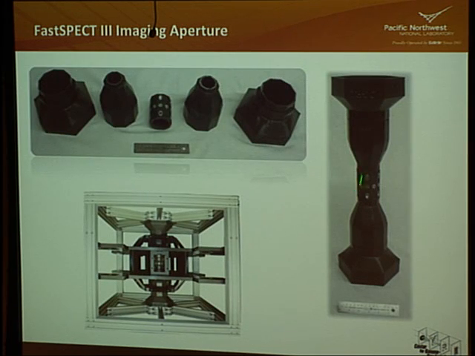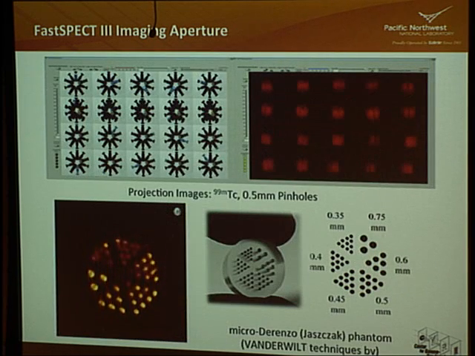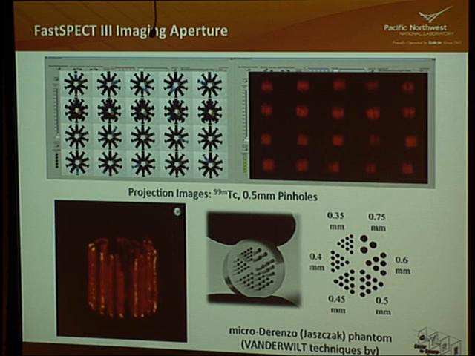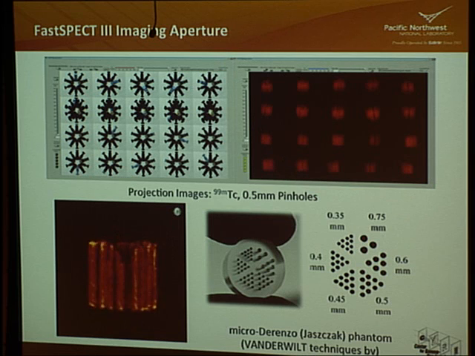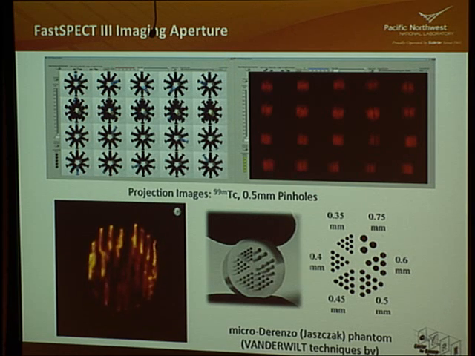This shows the individual components of the imaging aperture for the FastSPECT 3 system, the pinholes and the pinhole aperture installed in the frame. The combination of these technologies gives us an interface which allows us to acquire all the projection images simultaneously. Here was a resolution phantom that we used to see what the overall spatial resolution of the system is.